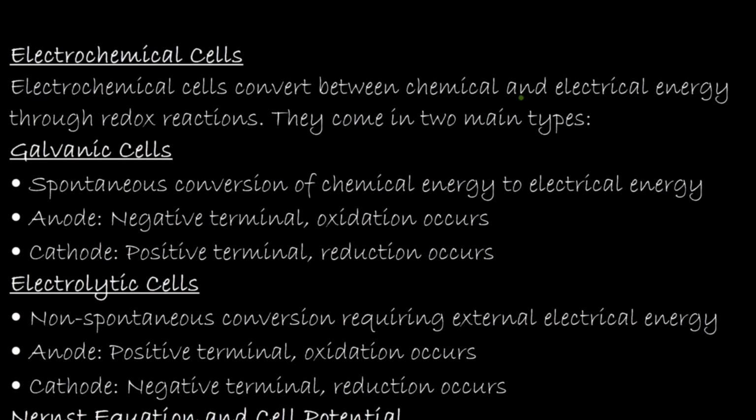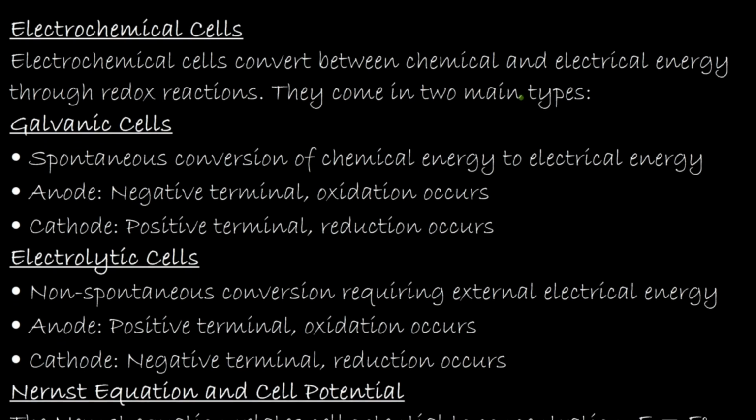Let's move on to electrochemical cells. Electrochemical cells convert between chemical energy and electrical energy, which is nothing but the redox reaction, anion and cation part. Oxidation is the loss of electrons, and reduction is the gain of electrons. There are mainly two types of electrochemical cell: the galvanic cell and the electrolytic cell. In the galvanic cell, spontaneous conversion of chemical energy to electrical energy happens, and oxidation occurs at the anode, reduction at the cathode.